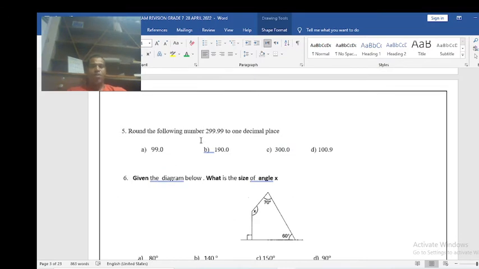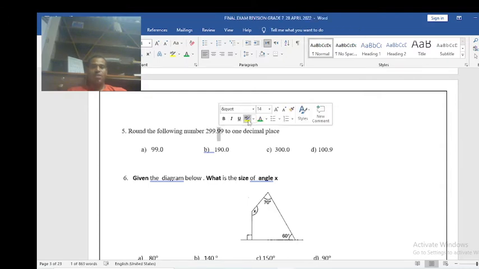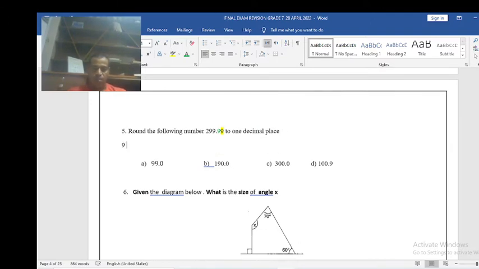Round the following number 299.99 to 1 decimal place. In your answer, you should write only 1 digit after the decimal point. So I shall work with the second line, this one. Now 9 is more than 5, so just round up.